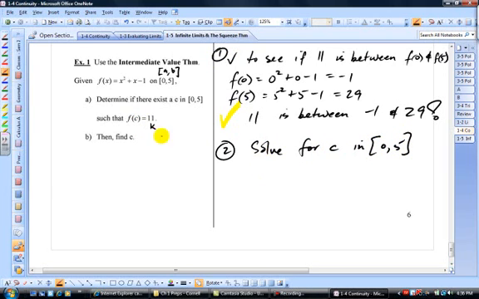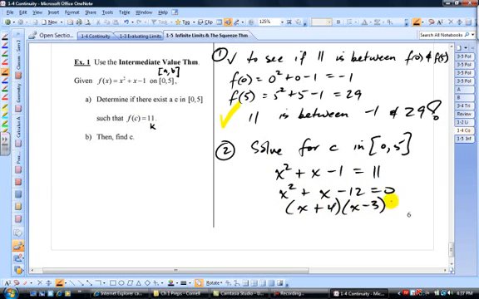So I set the function equal to 11 and solve that equation. I'm going to set it equal to 0, subtract 11, so I get x squared plus x, negative 1 minus 11 is negative 12. I'm going to factor it, and notice that x could be equal to negative 4 or positive 3.